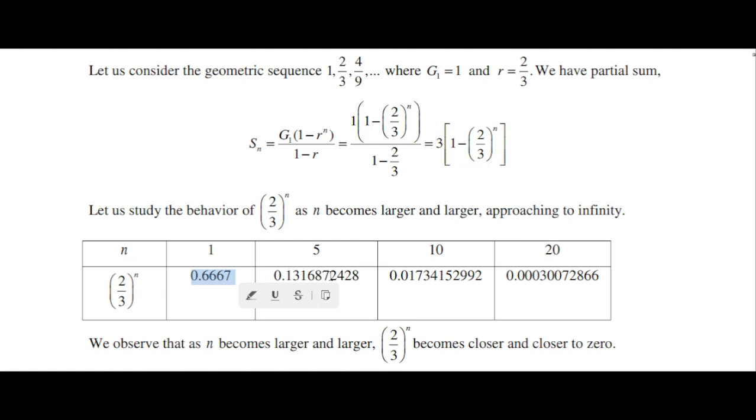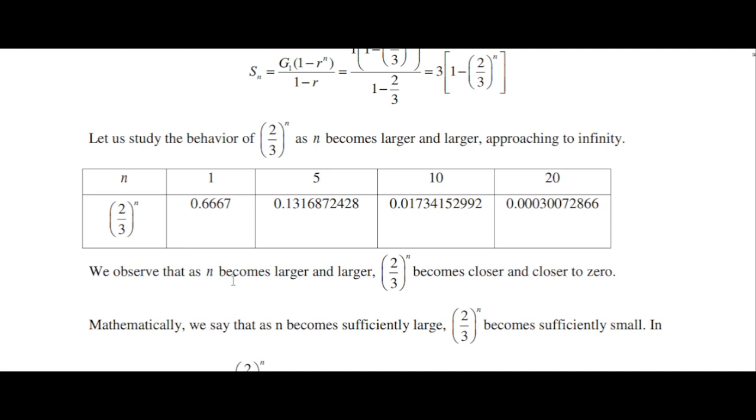Here we have 0.1, but here 0.0 something. So from this we understand that as n approaches infinity, (2/3)^n approaches 0. That means this is 0. 1 minus 0 is 1. 3 times 1 is 3. So for this geometric sequence, the infinite sum will be 3.